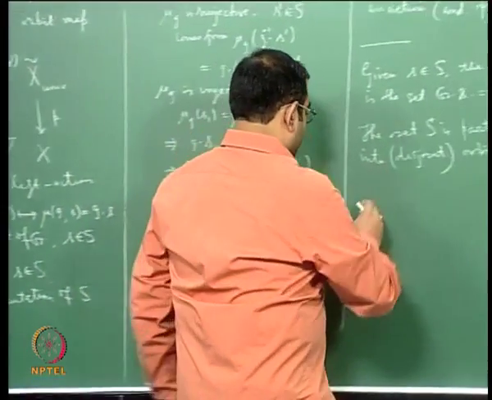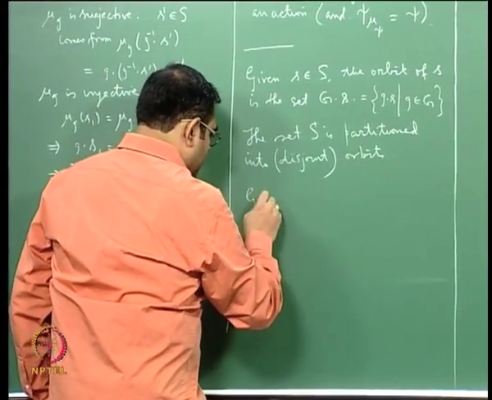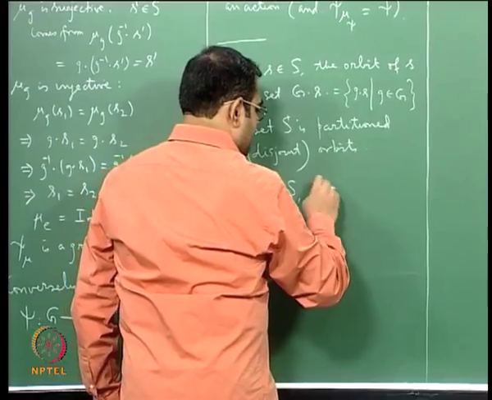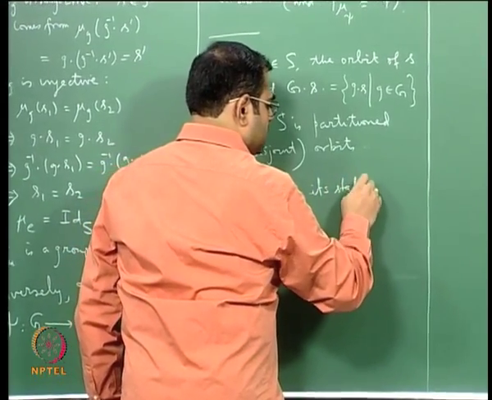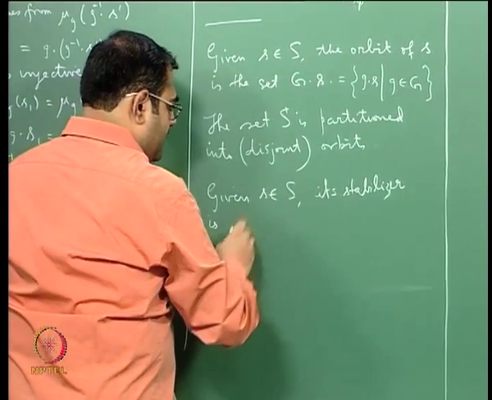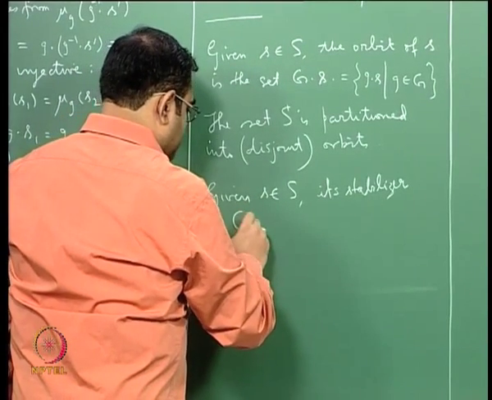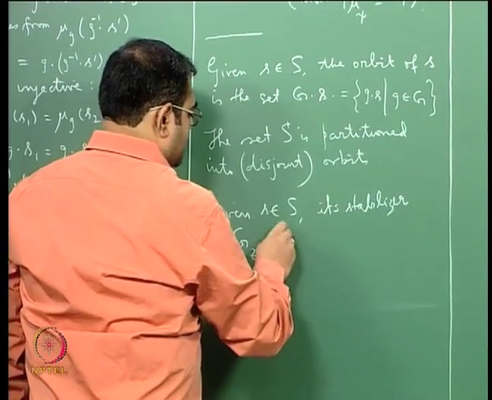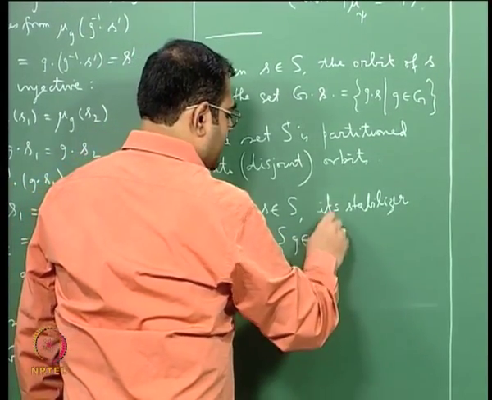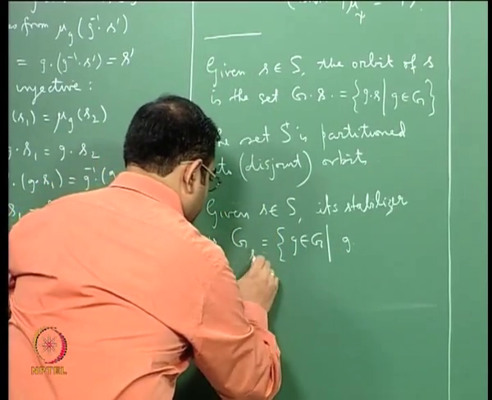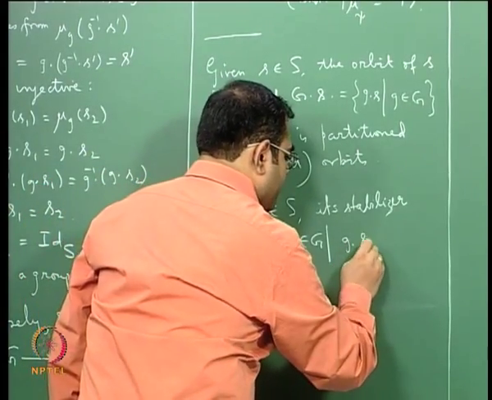So again let me write that down. Given an element small s in capital S, its stabilizer is, let me write it as G sub s. G sub s is the set of all small g in capital G such that g dot s equals s.